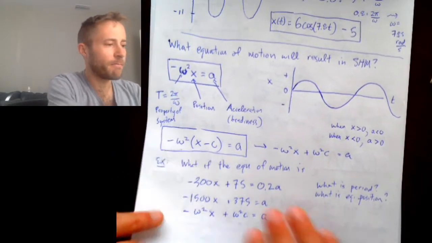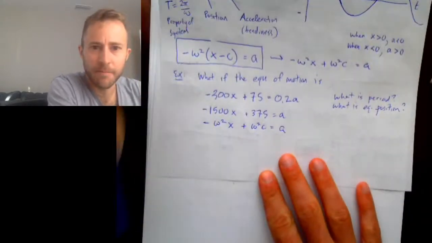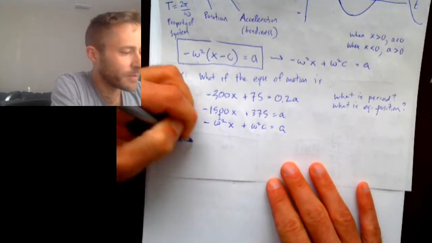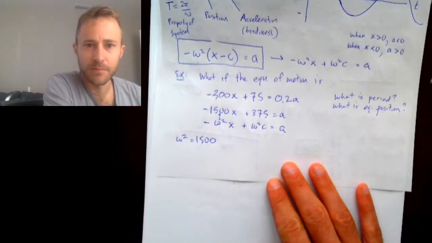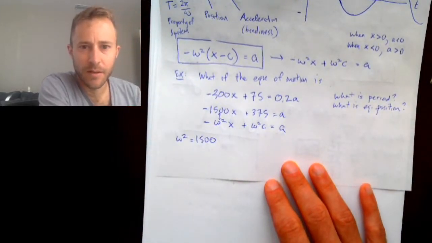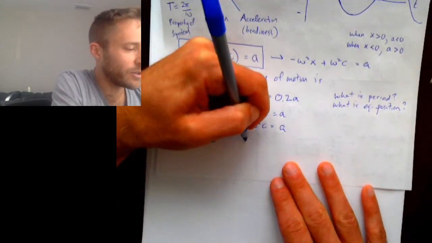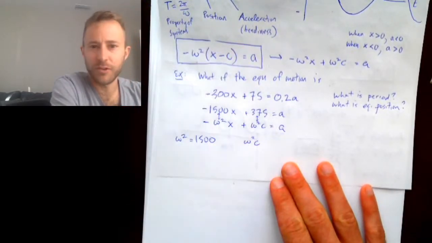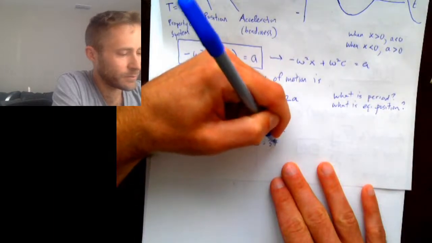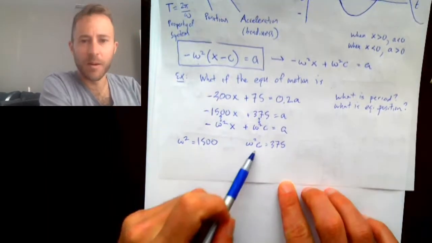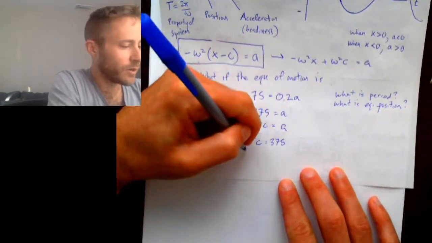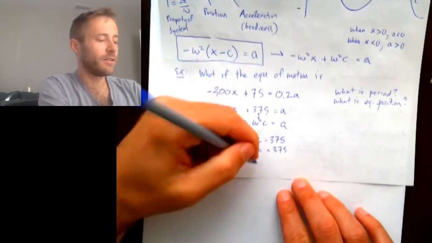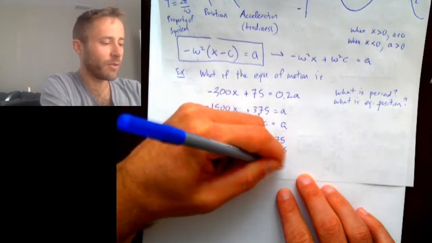By comparison, I can see that omega squared is 1500. And furthermore, omega squared c is 375. But remember, omega squared is 1500, so I have 1500c equals 375, and c is 375 over 1500.